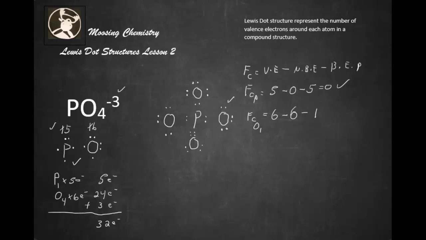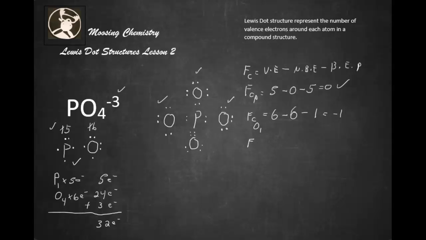So that's 6 minus 6 minus 1, which gives me a -1. Interesting. And we have 3 of those, one like that, one like this, and one like that.